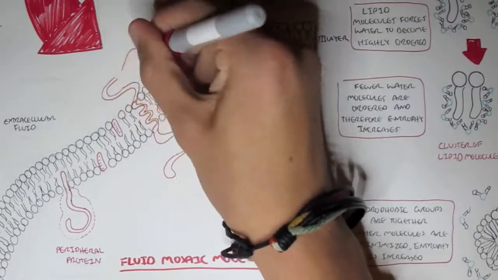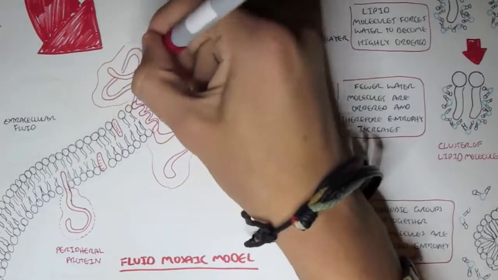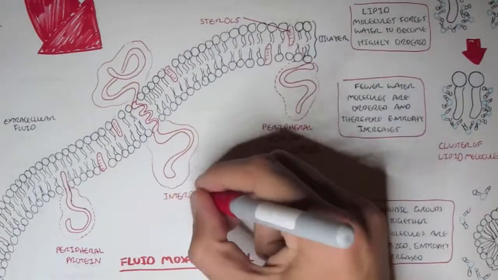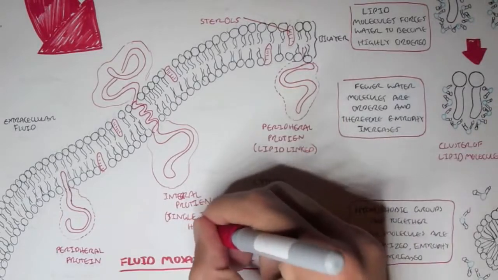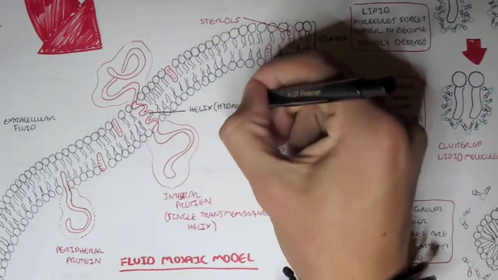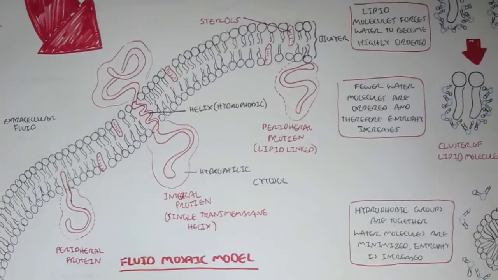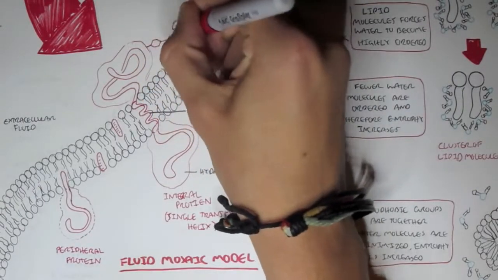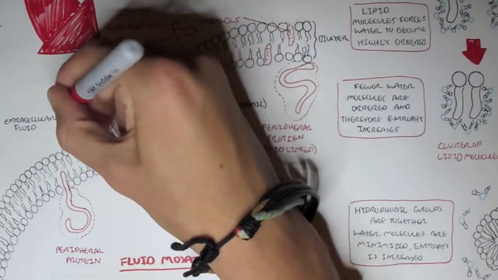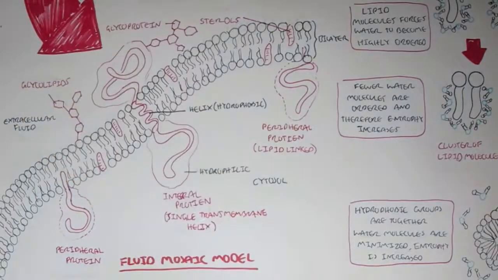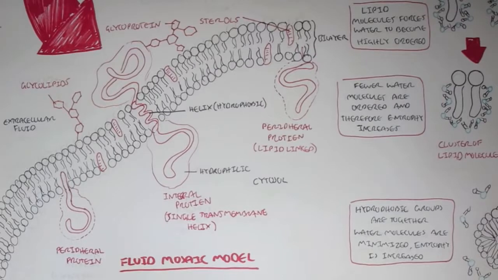Another protein that goes through the membrane is what's called the integral protein. This integral protein is a single transmembrane helix, which means that it's a single helix here. The helix is hydrophobic, and the outer parts are hydrophilic. We also have glycoproteins and glycolipids, which are carbohydrates attached to proteins and lipids.